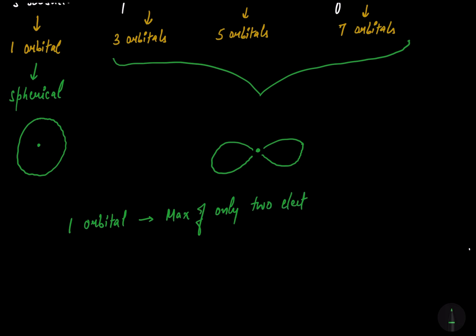Now, as the electrons are negatively charged, the two electrons in the same orbital will have interelectronic repulsions. So to minimize that repulsion, the two electrons will be of opposite spin. So max of only two electrons, but with opposite spin.